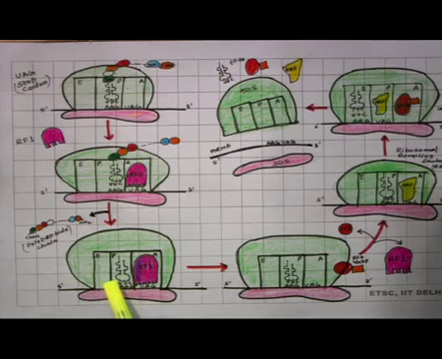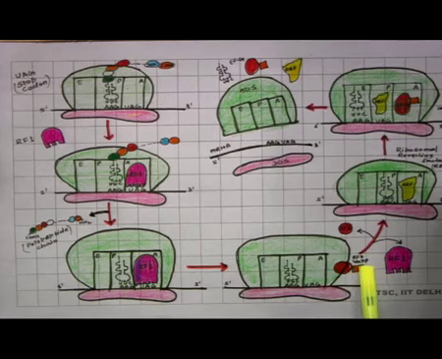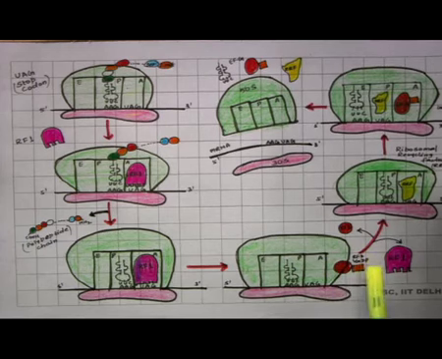Now, with the whole complex, release factor 3 and GDP, guanosine diphosphate, will combine. The combination of this release factor 3 GDP complex with the ribosome will help in the release of release factor 1.